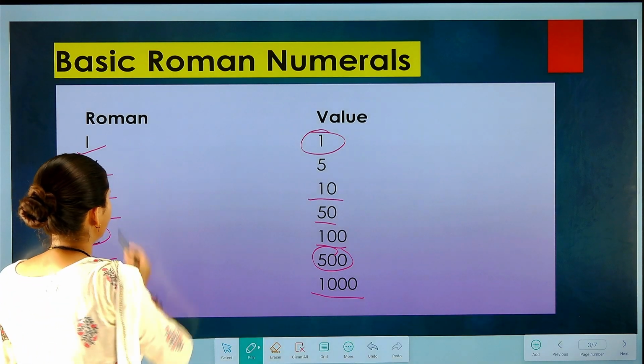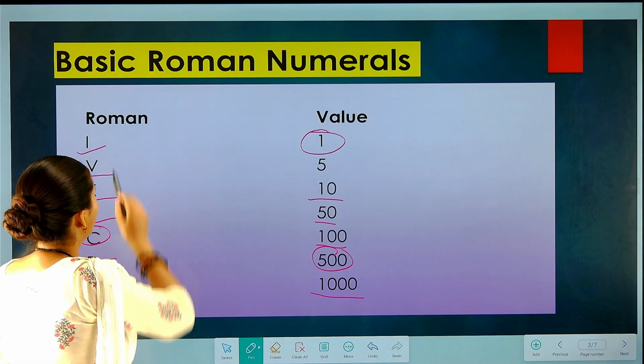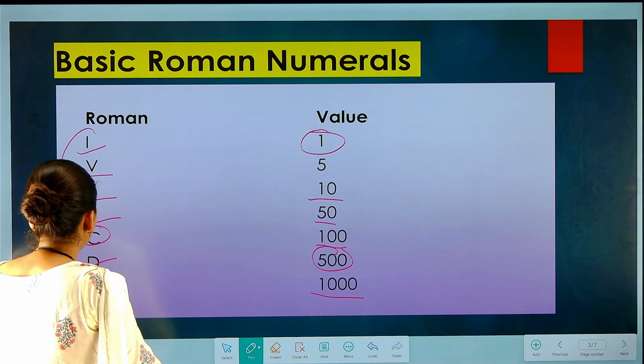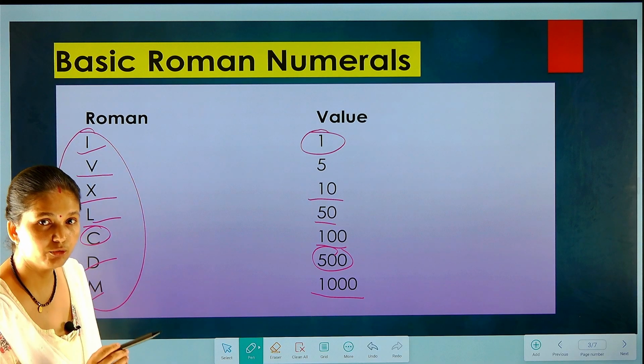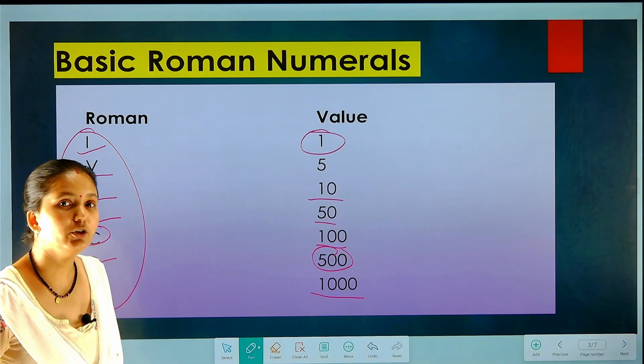These are basic symbols, which means these are important. You have to remember these values, and with the help of these values and after using the addition and subtraction rules, you can easily make any Roman numeral.